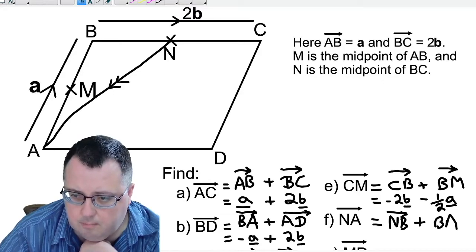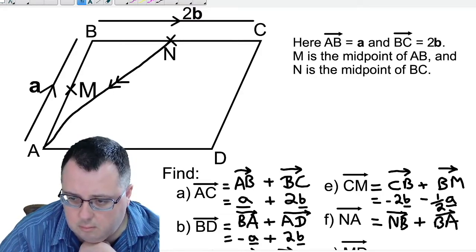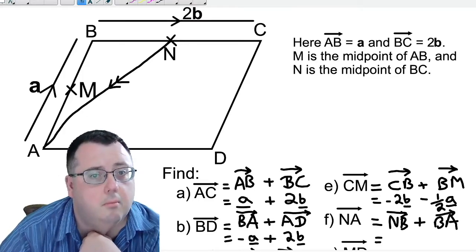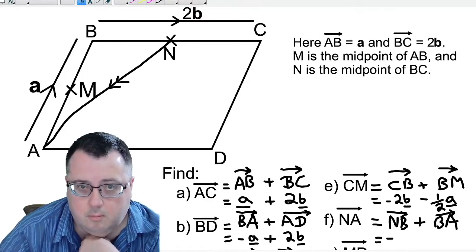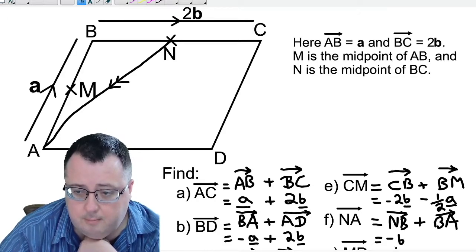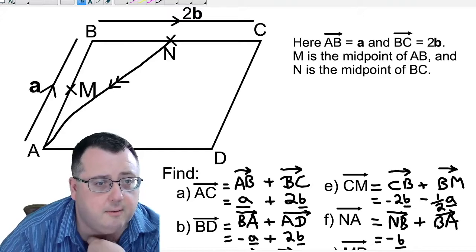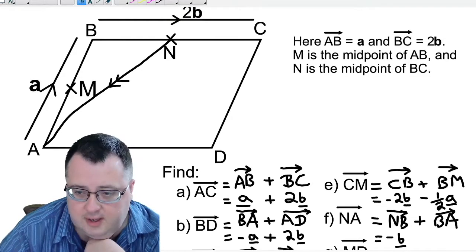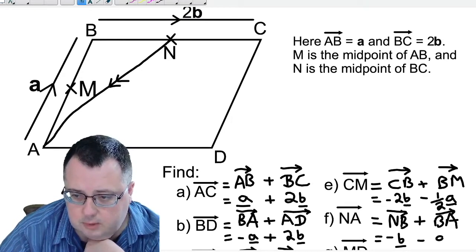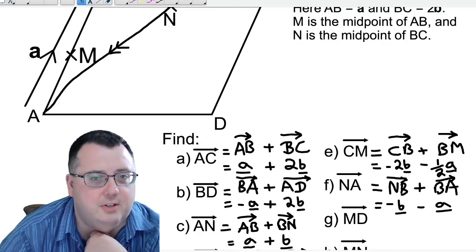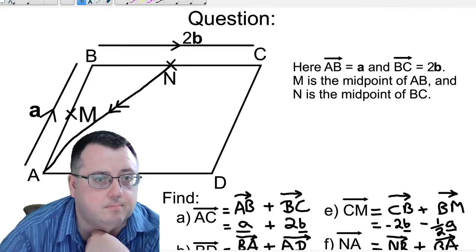What's N to B? Minus b. Minus B. Yep, minus b. And then B to A. Minus a. Excellent. I think you're getting this now, which is good.